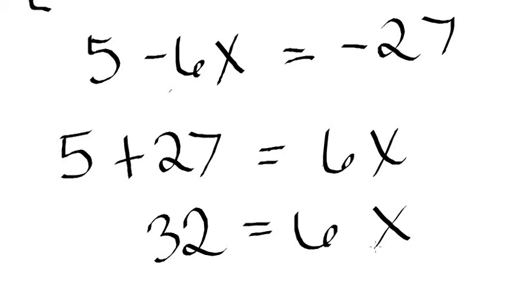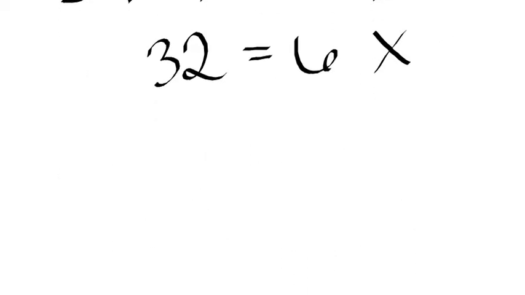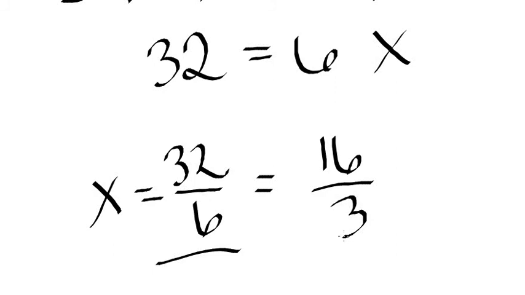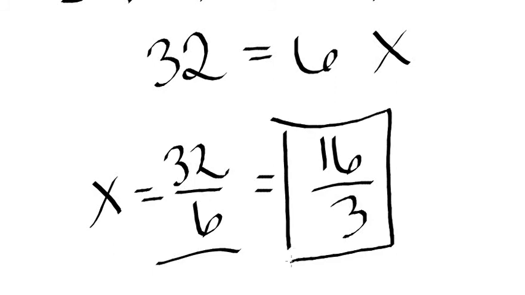All right. That actually reduces down: 2 goes into 32 16 times, 2 goes into 6 3 times. So that's going to reduce down to 16 over 3.